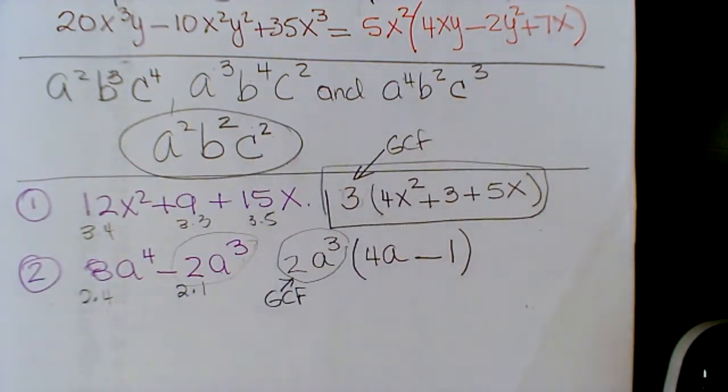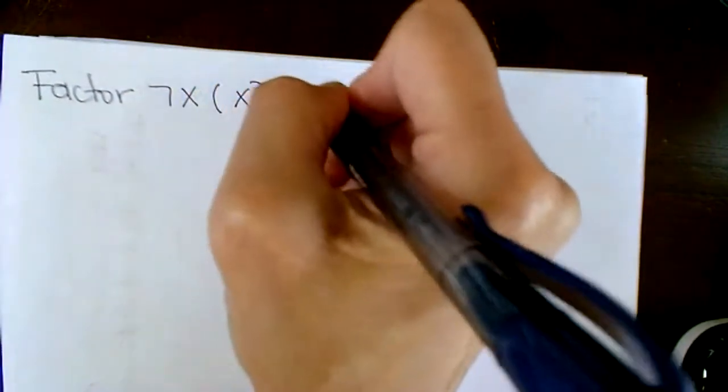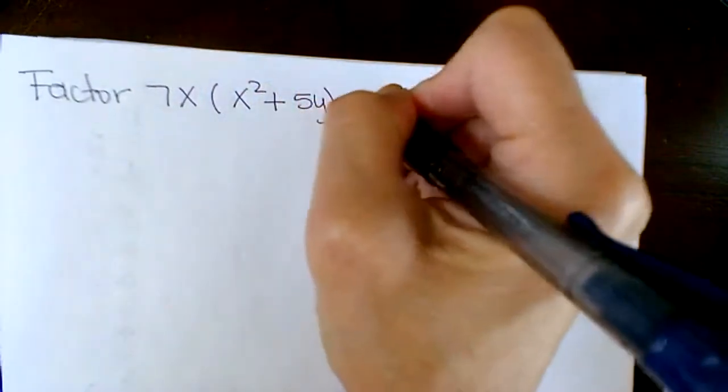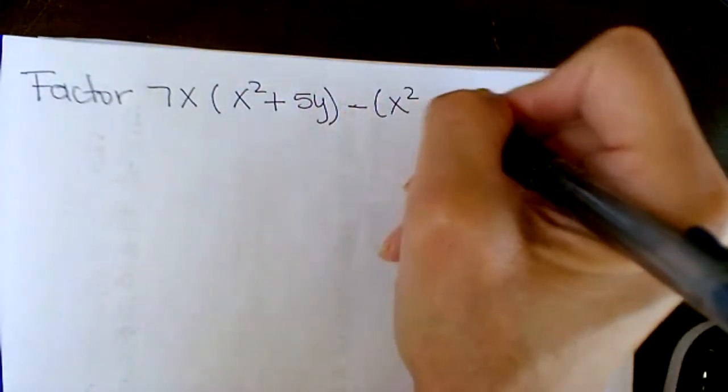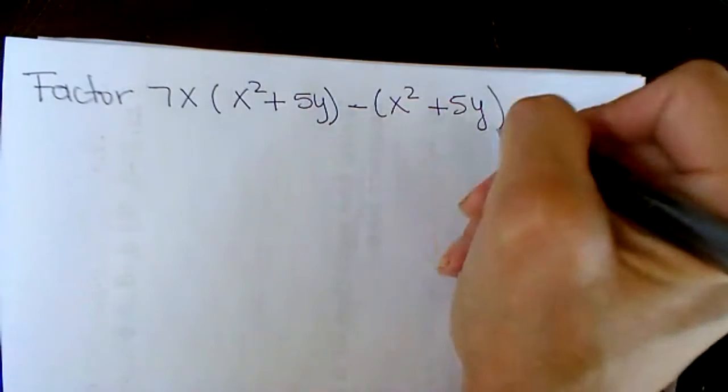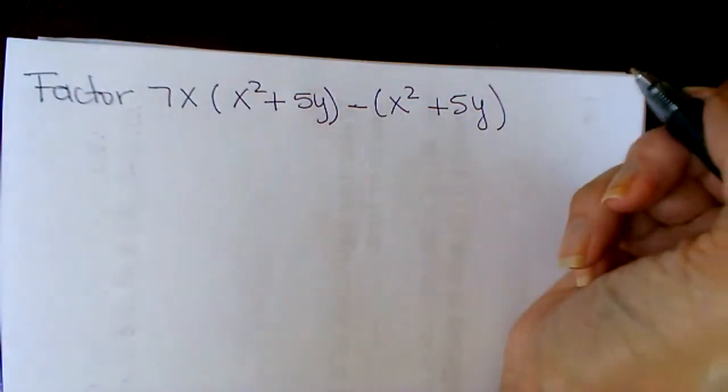All right, so now let's do this factor. It says let's factor 7x times the quantity x squared plus 5y, minus the quantity x squared plus 5y.